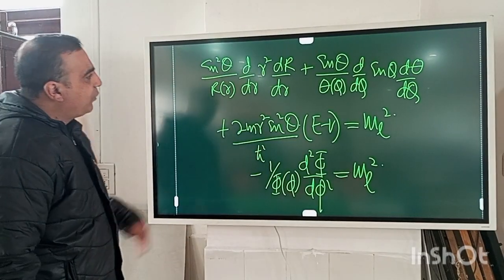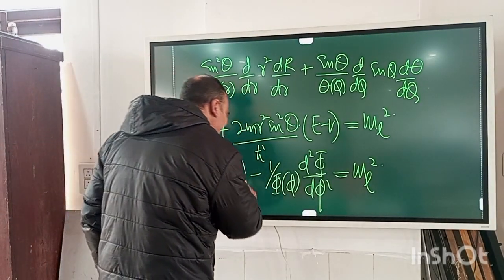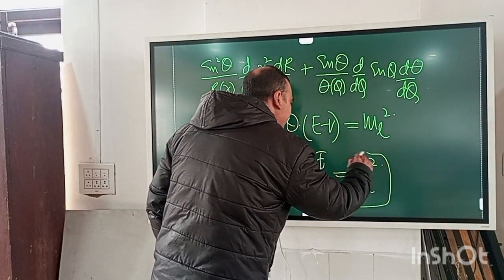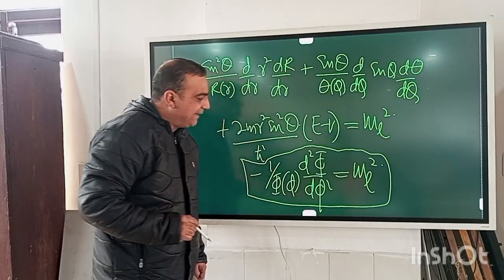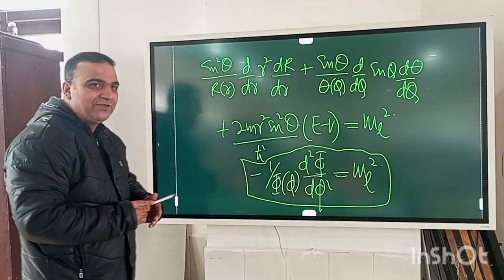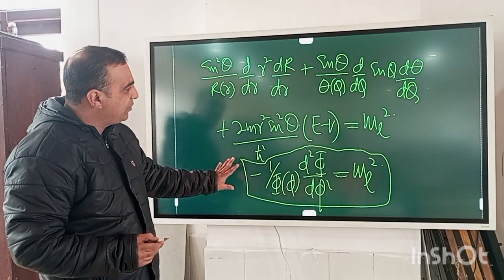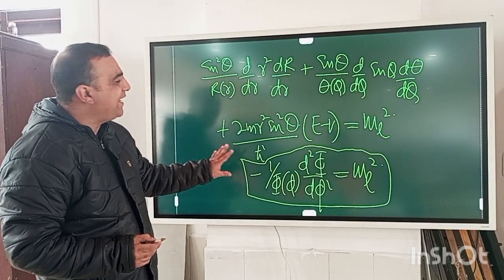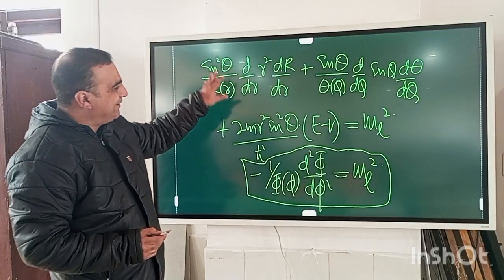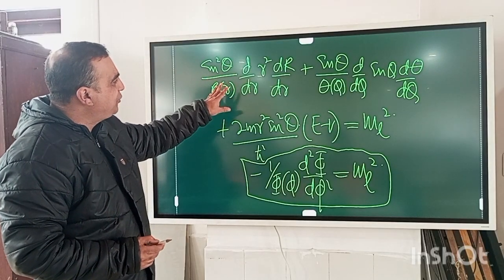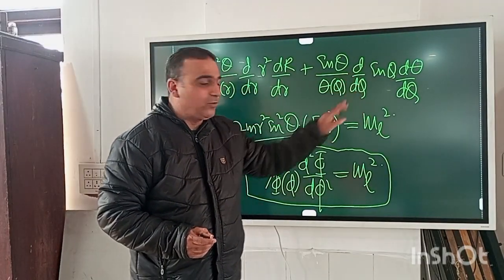Now, before we proceed, obviously what is understood is that we have got an independent equation in terms of phi. And phi is what? Phi is the azimuthal angle, and its value ranges from 0 to 2 pi. So this equation is independent of theta and r. And then we'll proceed for breaking down the other equation into the radial equation and the theta angular equation.